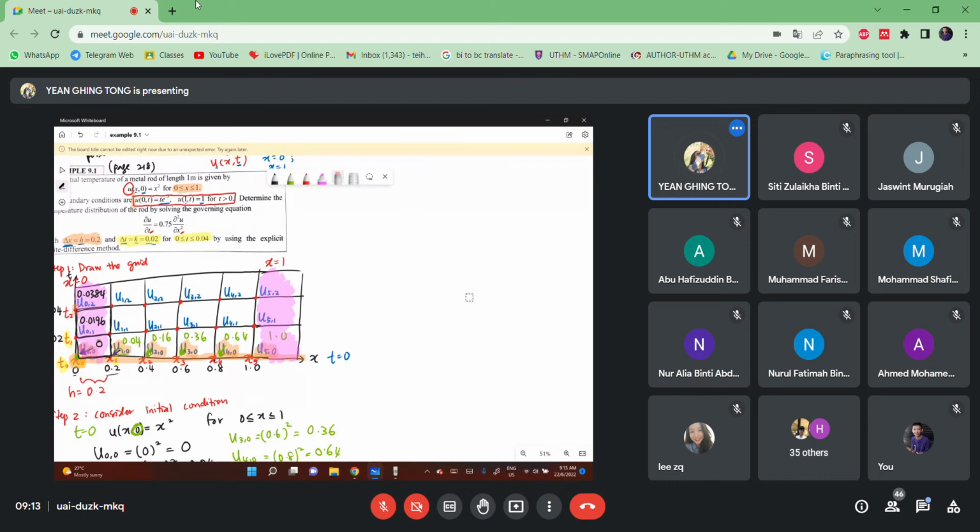When x is equal to 1, the boundary given just now, u(1, t) is equal to 1, for t larger than 0. So at here, this is 1, this is 1.